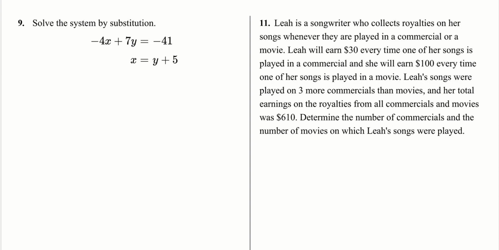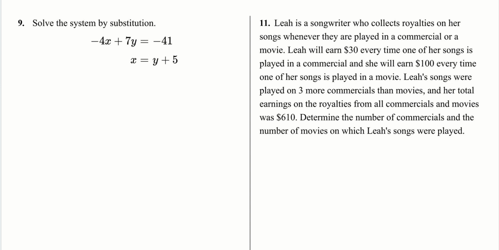Okay, so let's do the word problems. The word problems here, you're going to have to write 2 equations, because remember, we're looking at systems of equations. So here we have a songwriter who's collecting royalties on songs when they're played in a commercial or movie. She'll earn $30 for every song in a commercial and $100 for every song in a movie.